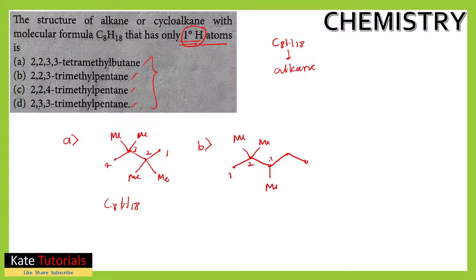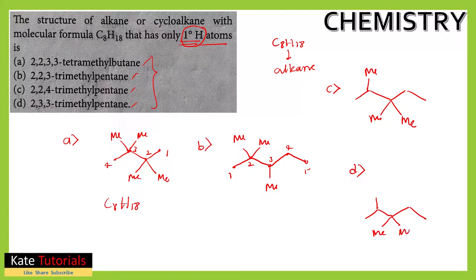So this is B. Talking about C, 2, 2, 4 trimethyl pentane. Here also pentane, 5 carbons, 2 methyl, and 4 also methyl. And option D, 2, 3, 3 trimethyl pentane. So this is the structure.